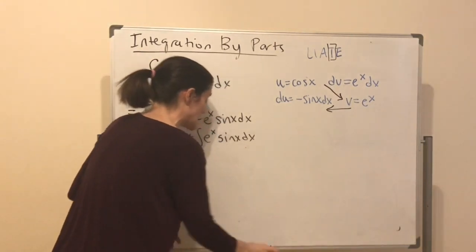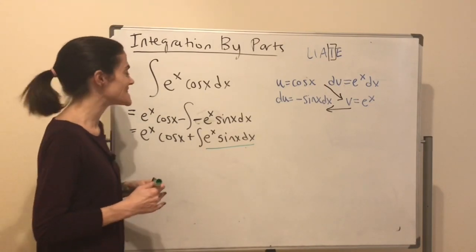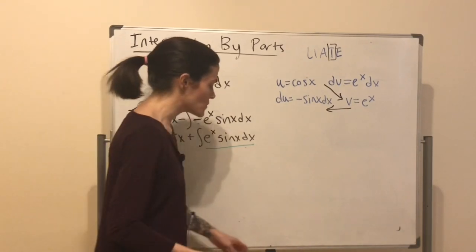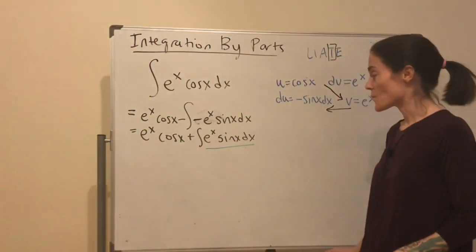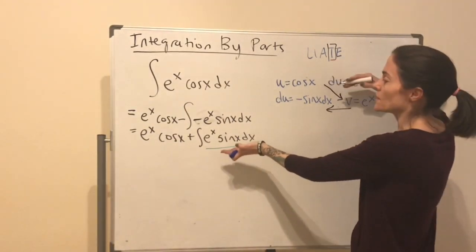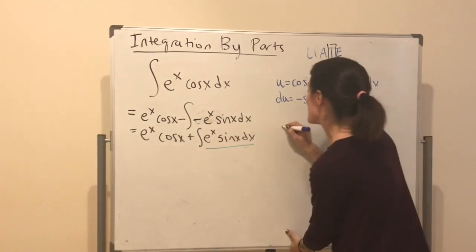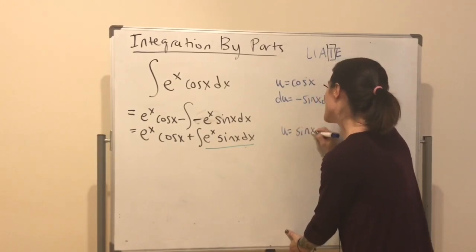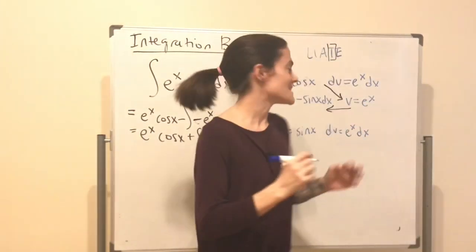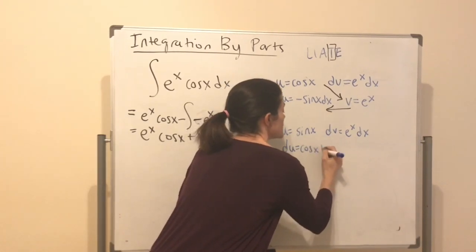Well, you see, this is a problem at the moment because this is not something that we just have an antiderivative of that we can work through, or we can't use properties of exponents to simplify this in a way we can integrate. So let's do this again. Again, look, we have an e to the x times a trig function. This is the T in LIATE, so my u will be the sine, and dv will be e to the x dx. We differentiate the sine, du is cosine x dx.